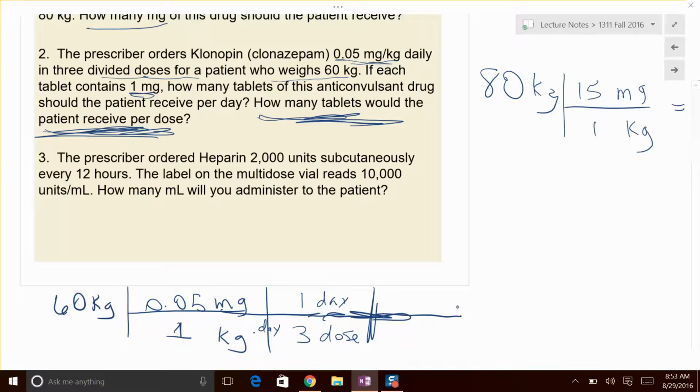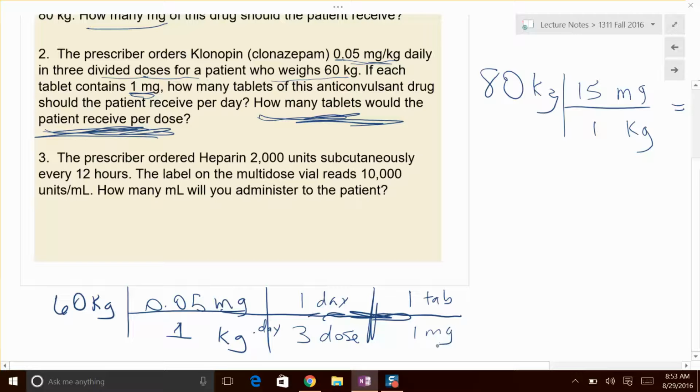How many tablets would the patient receive per dose? Okay, so it says that each tablet contains 1 milligram. Okay, so I want to know how many tablets. So I need to go 1 tablet for every 1 milligram.